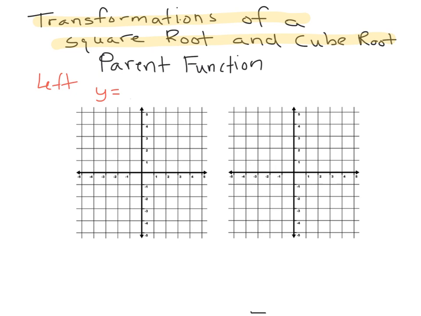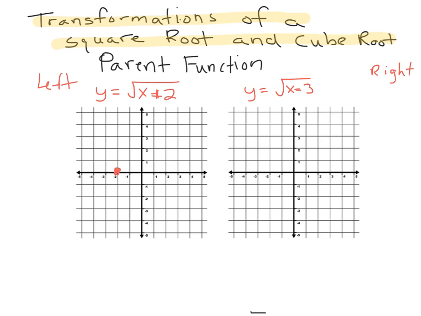In order to move it to the left, that would look something like this. Y is equal to the square root of x plus 2, okay? Now if we wanted to move it to the right, it would look something like this. Y is equal to the square root of x minus 3, okay? So the big distinction, of course, is the plus and then the minus, okay? Now, of course, the way this would look is, since we did x plus 2, we'd go 2 to the right using the origin, okay?